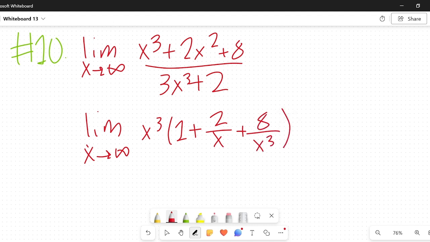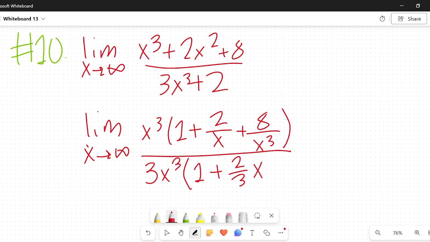Or something like so. And then if we take out a 3x cubed, this is going to be 1 plus 2 over 3x cubed. But essentially now what we're going to consider is the limit as 2 over x approaches infinity or negative infinity.